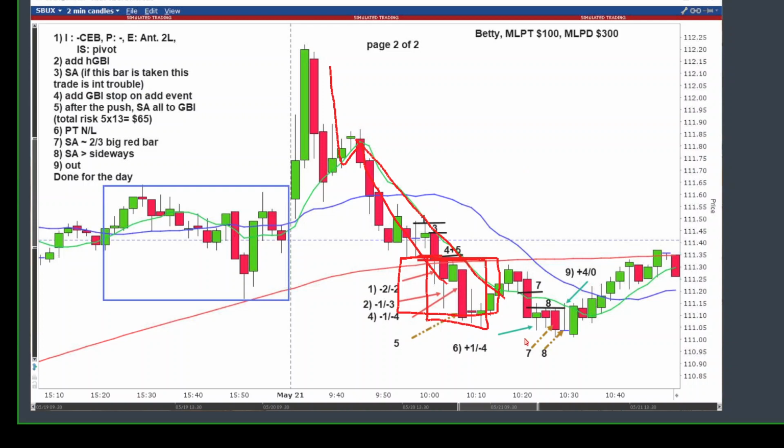How often is that going to follow through and give you this? Not certain, especially after this red bar has been taken out. Yeah, it could keep going. If you entered up here, you got to trail it out properly, and it did make a new low, and then it turned around.